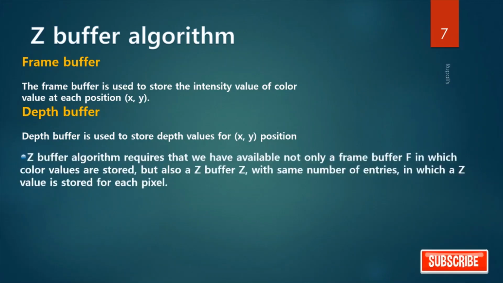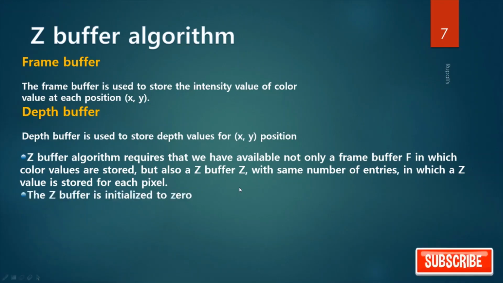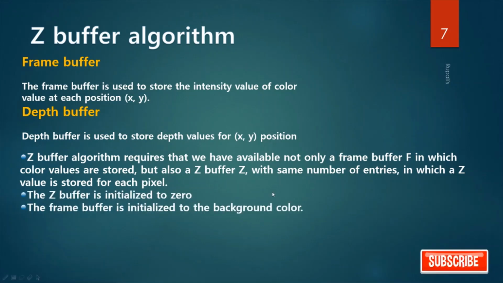The Z-buffer algorithm requires that we have available not only a frame buffer F in which color values are stored, but also a Z-buffer Z with the same number of entries, in which the Z value, that is the depth value, is stored for each pixel. Initially the Z buffer is initialized to 0 and the frame buffer is initialized to the background color.